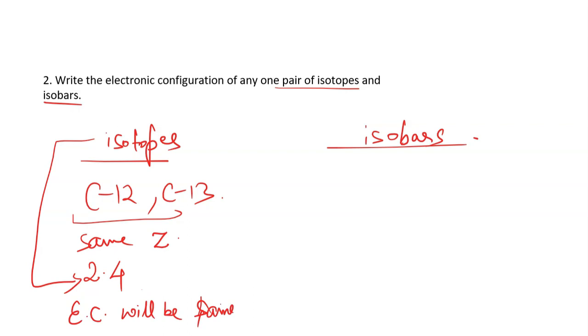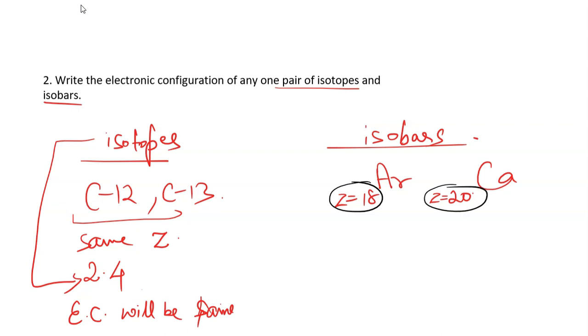And for isobars, let us take two isobars. So argon and calcium, argon has atomic number 18 and calcium's atomic number is 20. Now their electronic configuration definitely will be different because their atomic numbers are different.